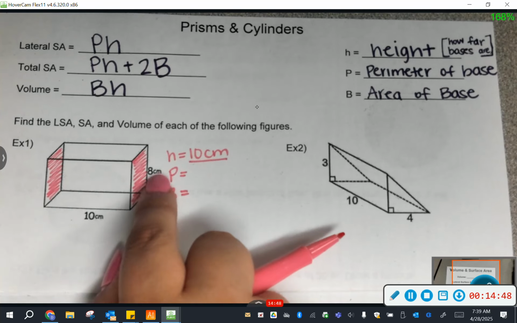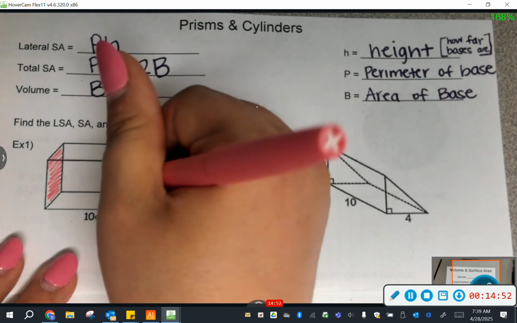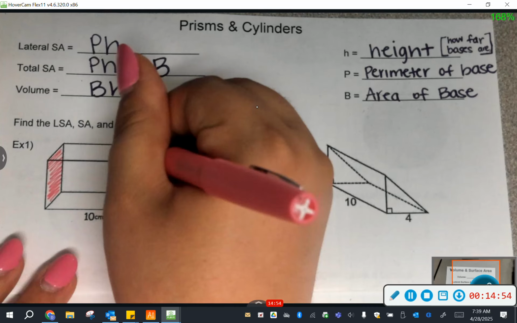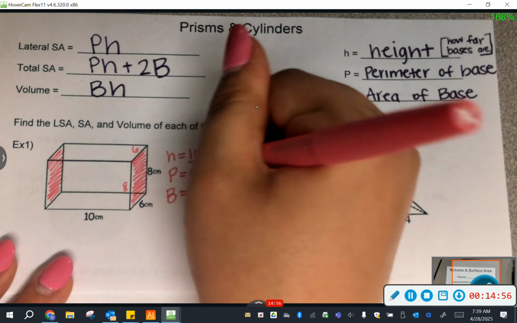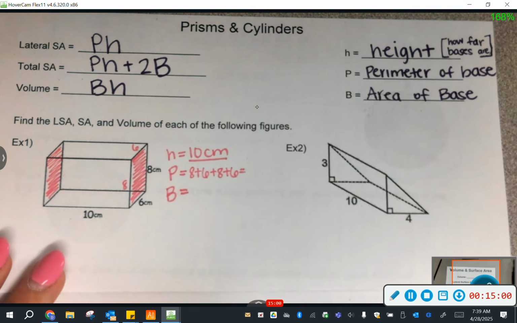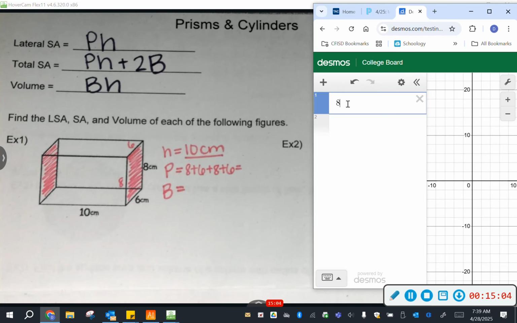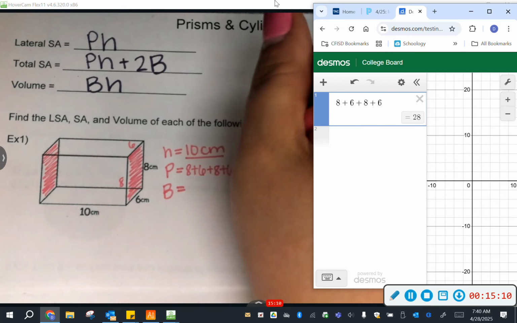So what are my outsides here? 8, 6. What's this one? 8. And what's the top? So I'm just going to add that together. 8 plus 6 plus 8 plus 6. And you are right, I get 28 centimeters.